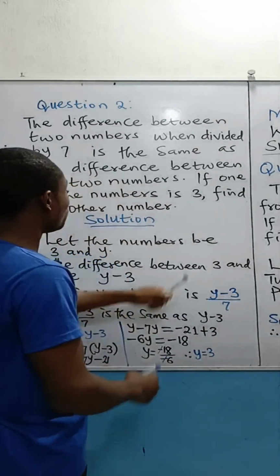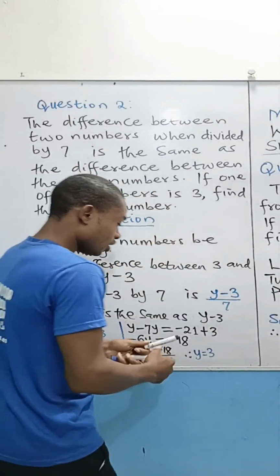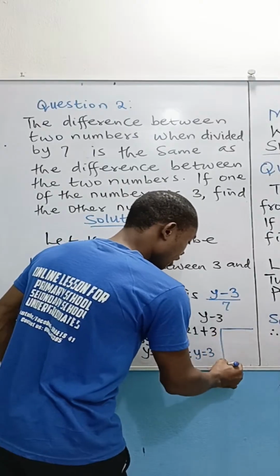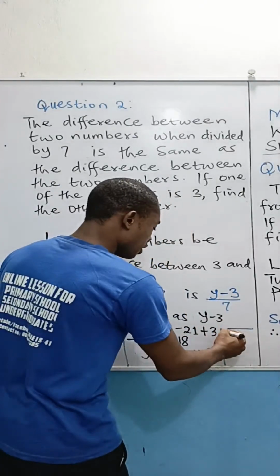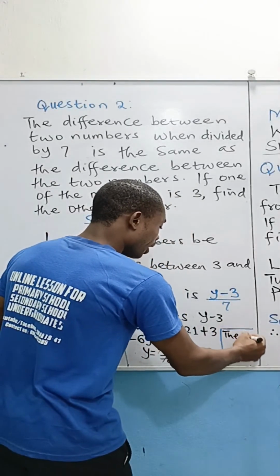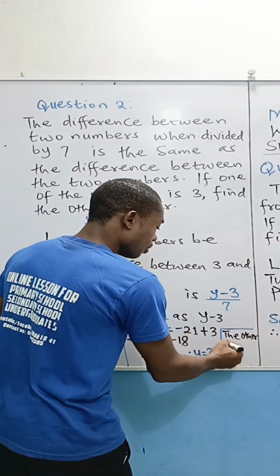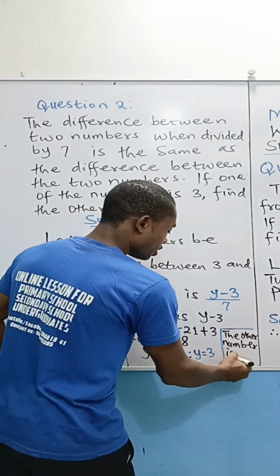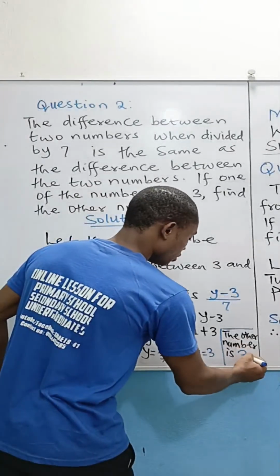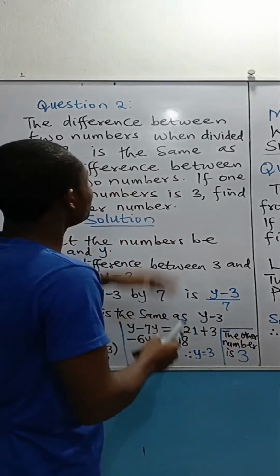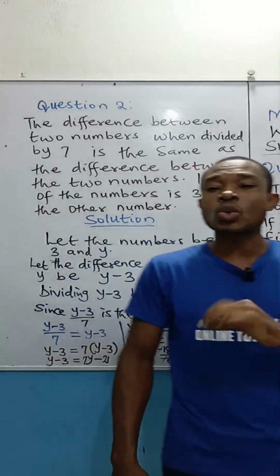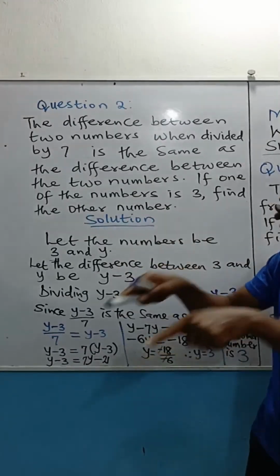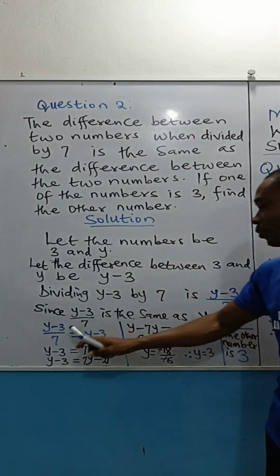We can now conclude. We are asked to find the other number. I will squeeze it here, please permit me. The other number is 3. Good. So from the question, the difference between two numbers when divided by 7 is the same as the difference between the two numbers. This is the interpretation.